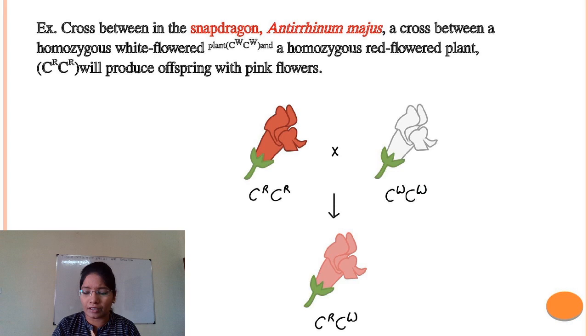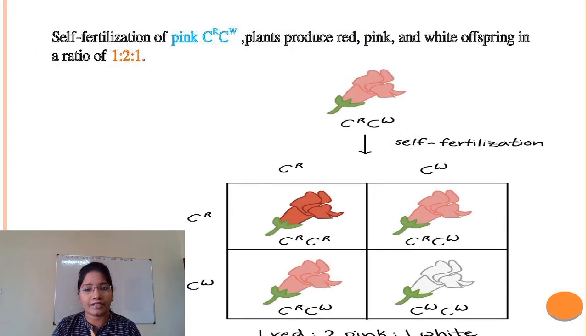This is the pink variety. How is this possible? When these F1 generation offspring undergo selfing, in the F2 generation the plants produce red color, white color, and pink color. The three phenotypes are in the ratio 1:2:1. That is, CR CR is red, CW CW is white, and the two offspring CR CW, which are in heterozygous condition, produce pink color.